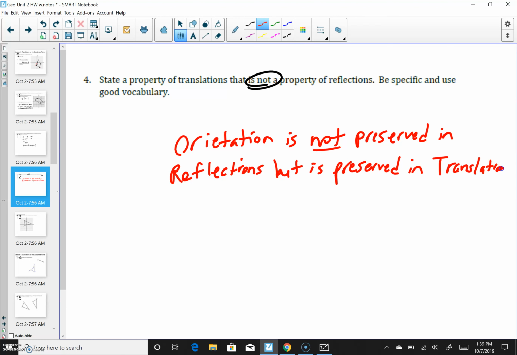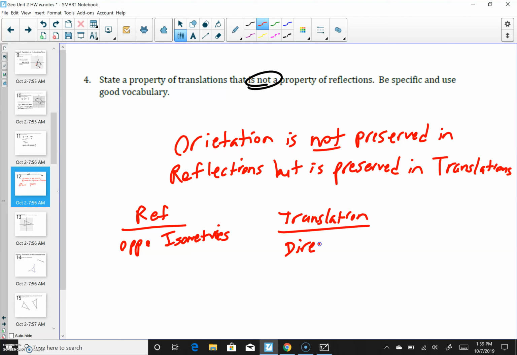And if we remember, reflections were opposite isometries, meaning equal size, but different orientation of the letters, and a translation was a direct isometry, meaning that not only was the distance and the shape preserved, but so was the orientation.